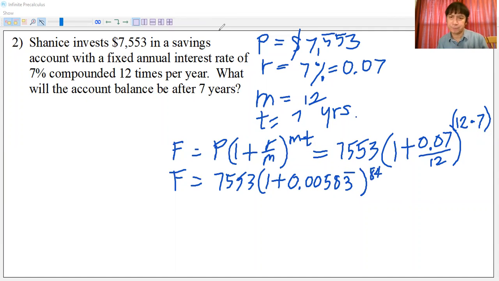Okay, and this is 5, of course. Let me rewrite that. Okay, that's a 5 there. All right, let's compute. Times the quantity 1.